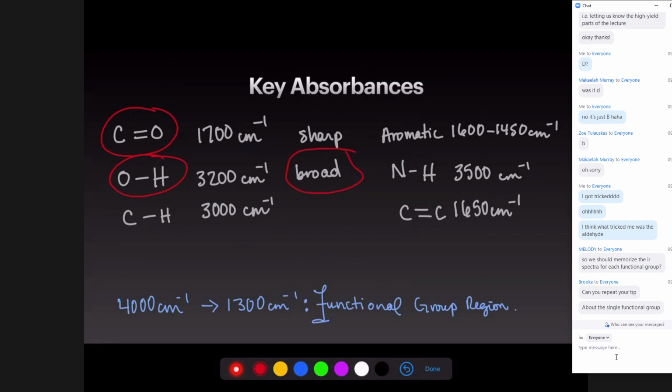And sometimes the amines can be tricky, so I would look into those. But definitely the carbonyl, and then the alcohol, and the carbon bonded to the H.